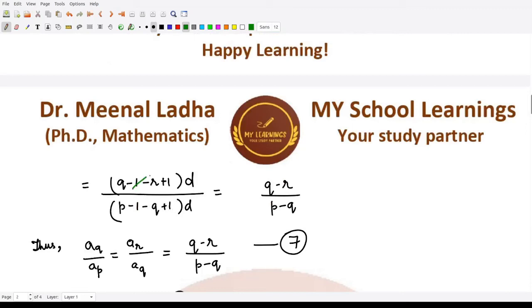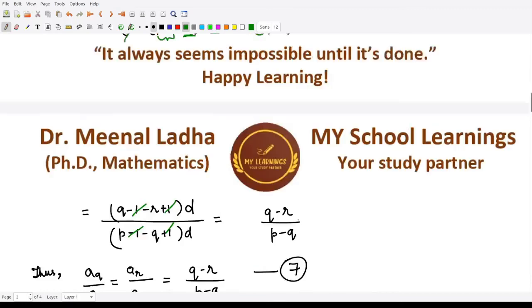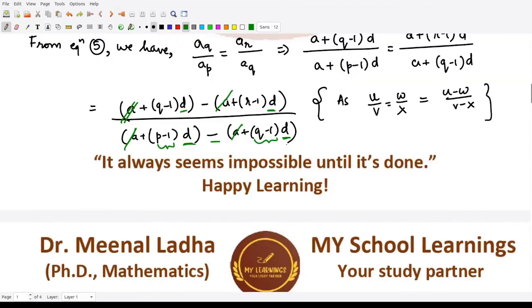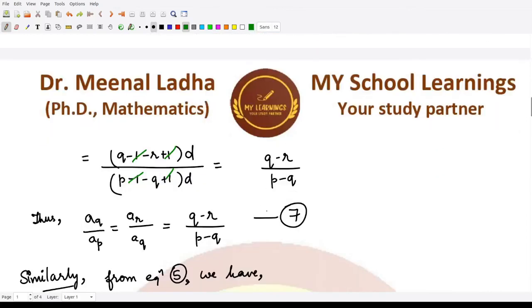So you see, the 1 and 1 get cancelled, and you are left with q minus r divided by p minus q. That means this thing is equal to the ratio from which we started, because the whole of this is equal to this ratio. Hence, let's mark this as equation number 7.